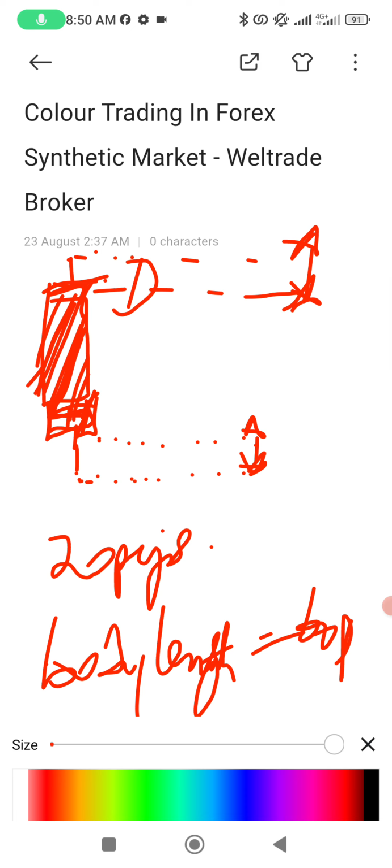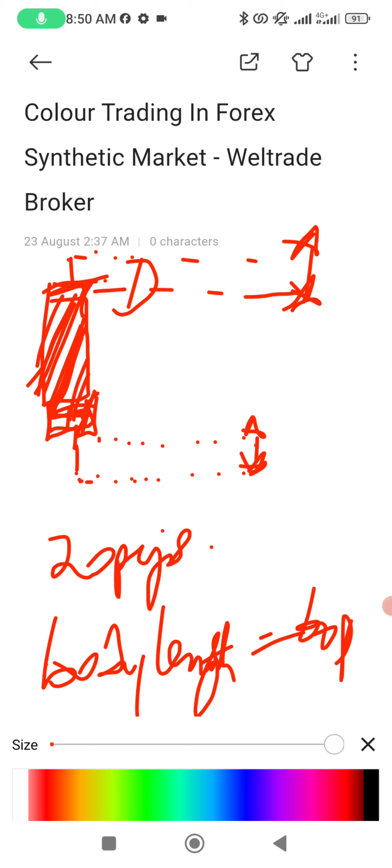the dominant activity in that time frame is the bears or the sellers. If you see it in the daily time frame, it is not as strong as if you see it in the weekly time frame, and not as strong as in the monthly time frame.